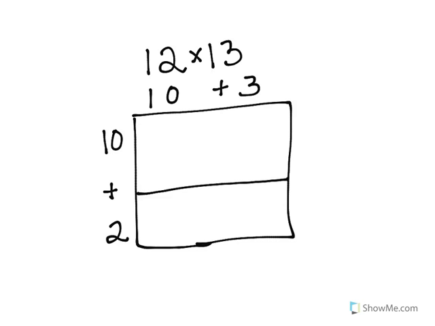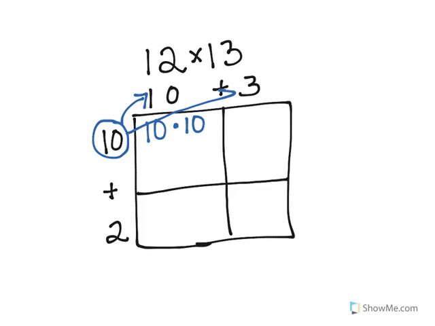Our area model looks a lot like what we just laid out with the base 10 blocks. And we're going to start by multiplying. So here, 10 times 10, we're distributing it here, and then we'll distribute it here, 10 times 3.